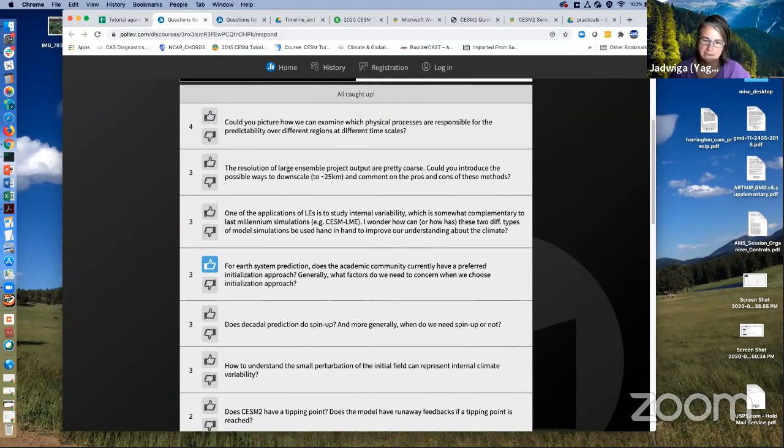But to really isolate it, you would need to take out the realism of some of those components, either replace them with climatology or something similar. And those are things we're planning as part of the Earth System Prediction Working Group, but we have not done many of them yet. So that's where the models are really useful.